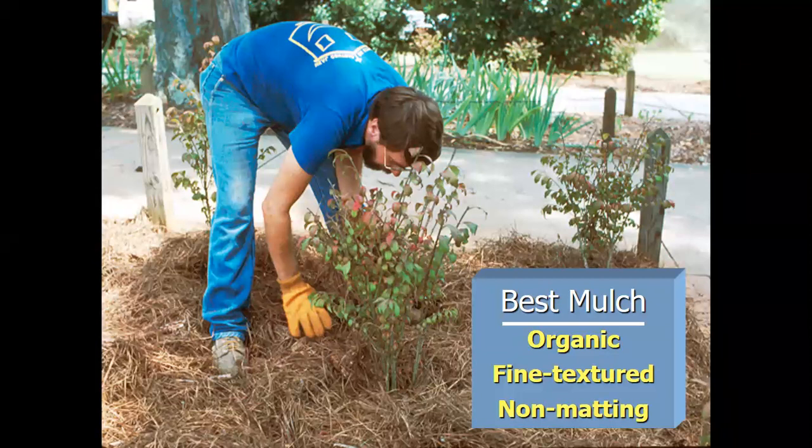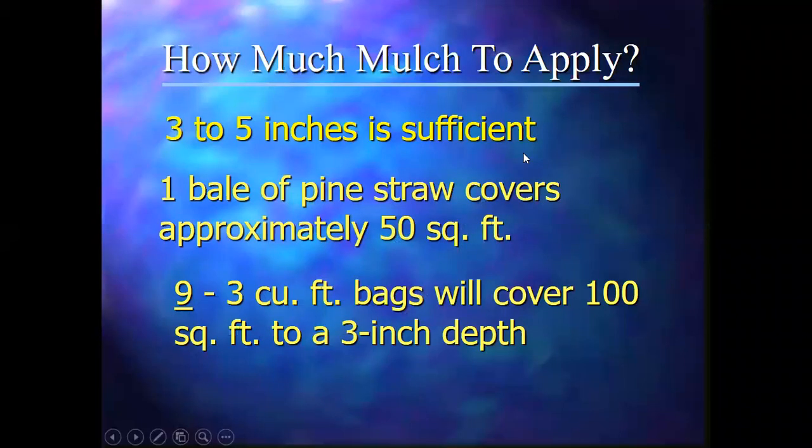So basically, what you apply is 3 to 5 inches on trees and shrubs, and around ornamental little flowers, 1 to 3 inches.